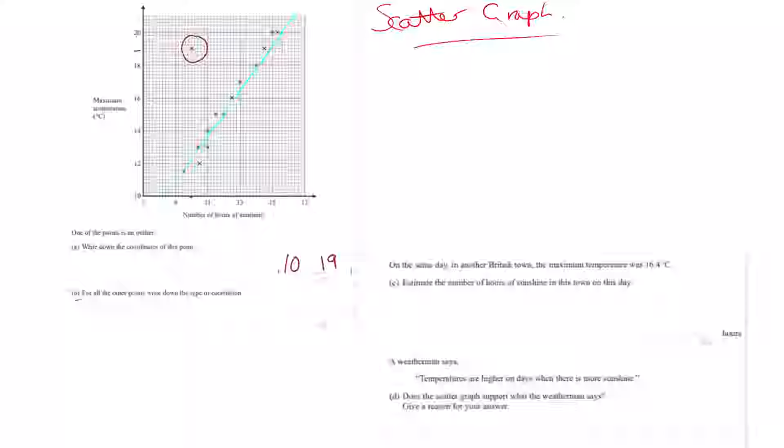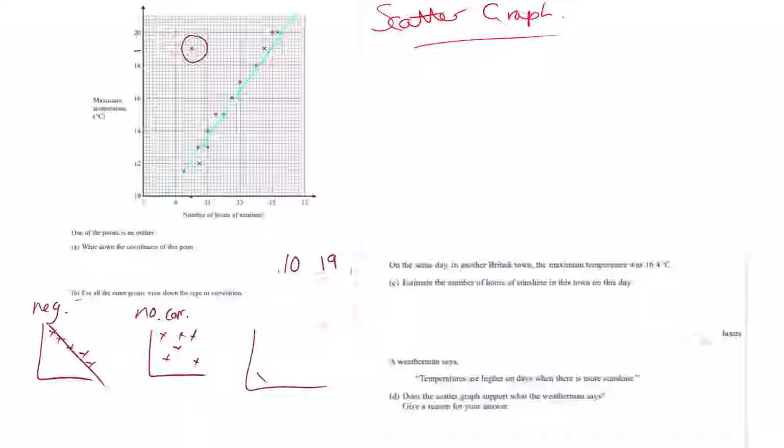So going on to B, for all the other points, write down the type of correlation. Now there are three main types of correlation we'll expect. We can have where all of the points form a line like this, where they're negative correlation. We can have points scattered all over, and here you can't really see a nice neat line of best fit, so we have no correlation.